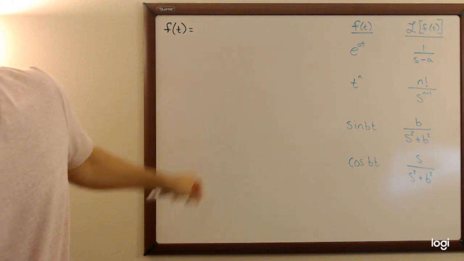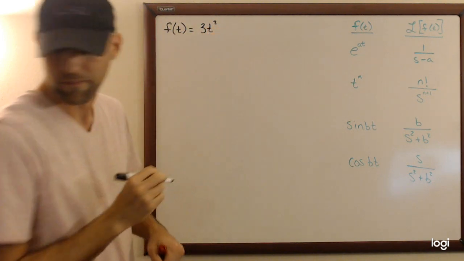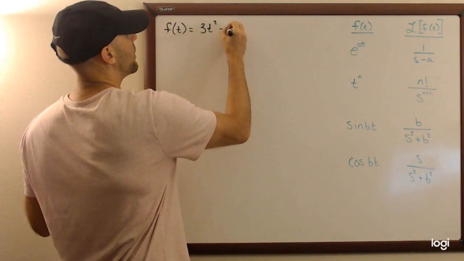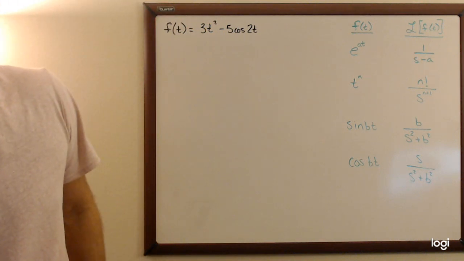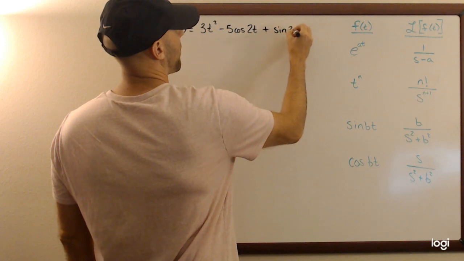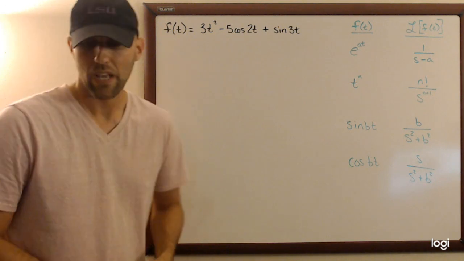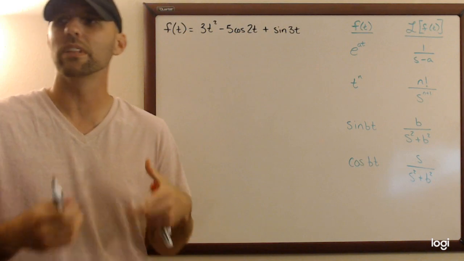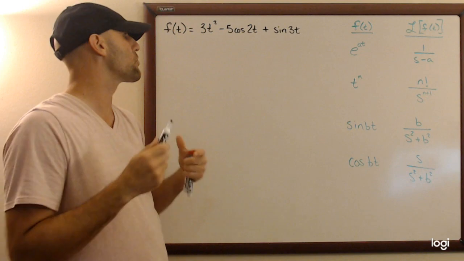So let me put this example up here. 3t squared minus 5 times cosine 2t plus sine 3t. So let's take a Laplace transform of this. Now, I get the properties of linearity here, right? So I know that it's additive, I know that it's scalar invariant, and we're actually going to apply those things right now.